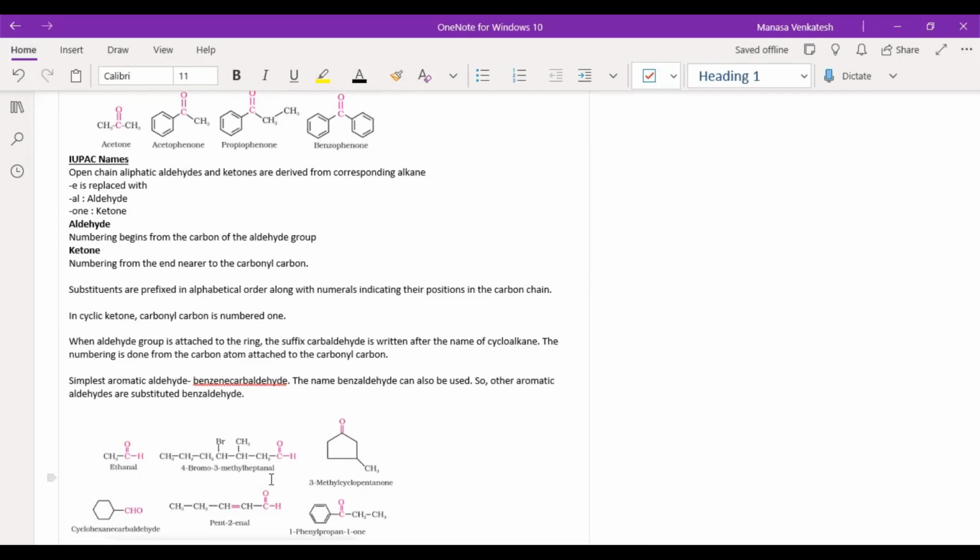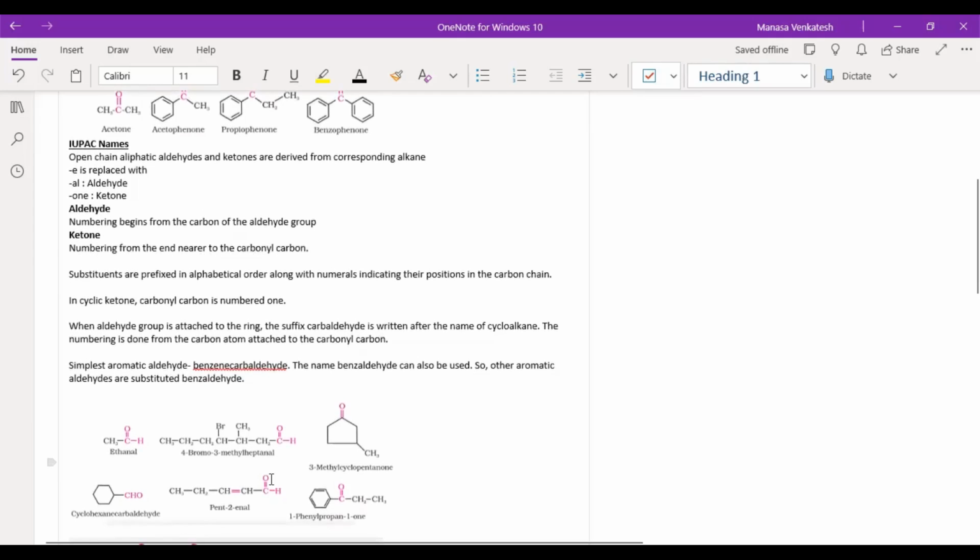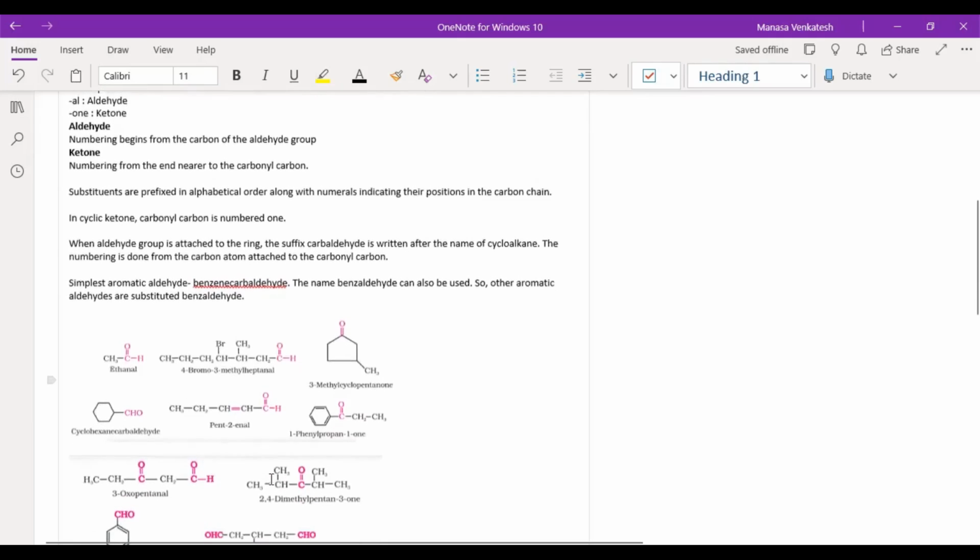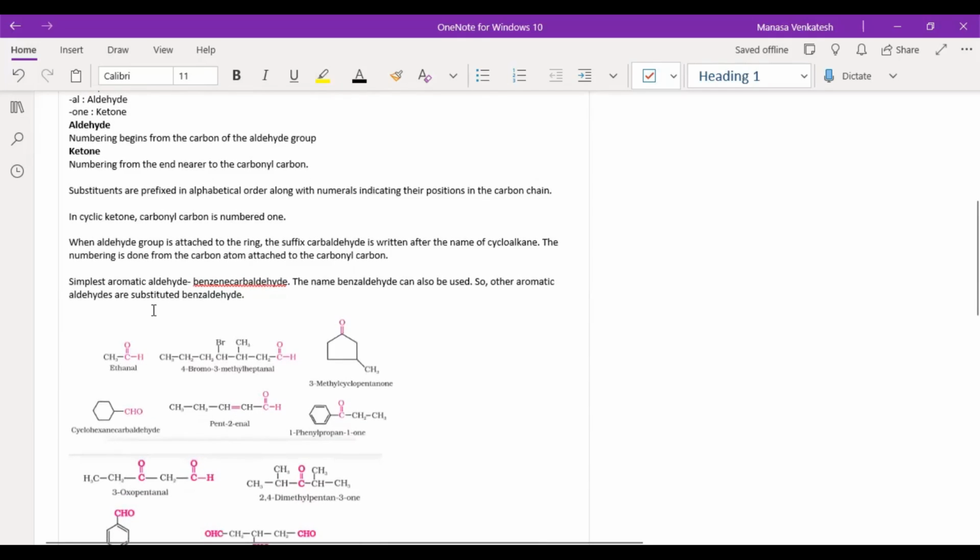So basically, the carbonyl carbon of the ketone has to get the lower number, and it will be numbered accordingly. So for example, over here, 4-bromo-3-methylheptanal. The numbering would start from this carbon atom: 1, 2, 3, 4, 4-bromo, 3-methyl, heptanal, 7 carbon atoms.